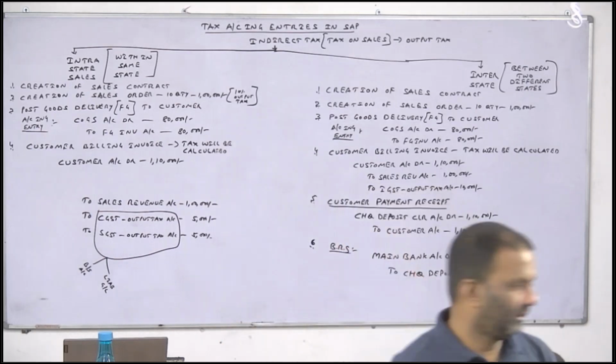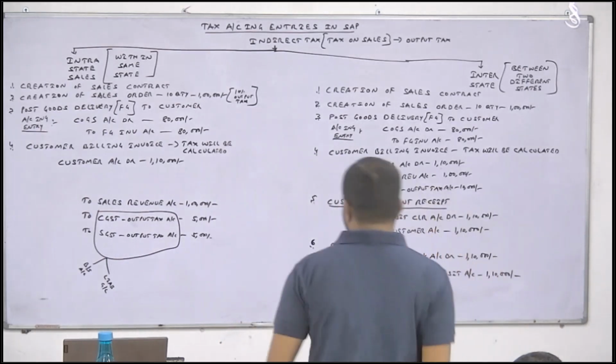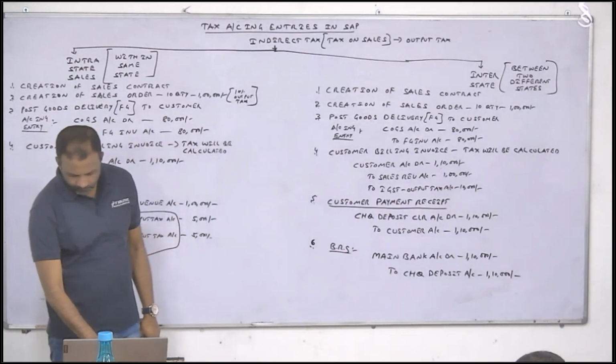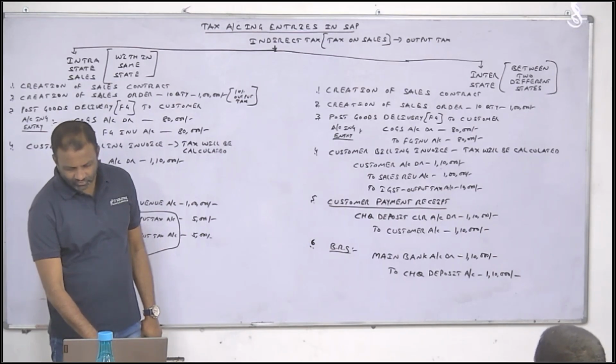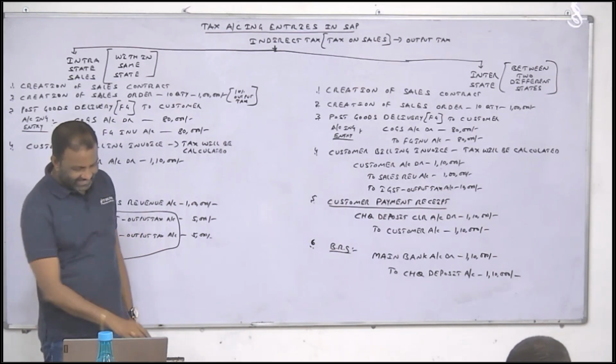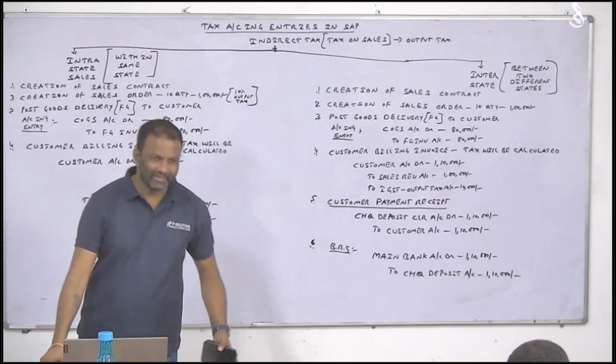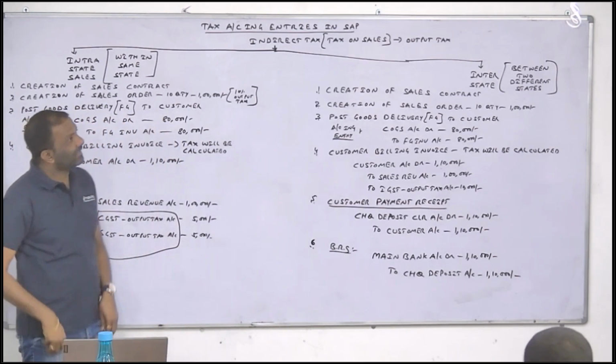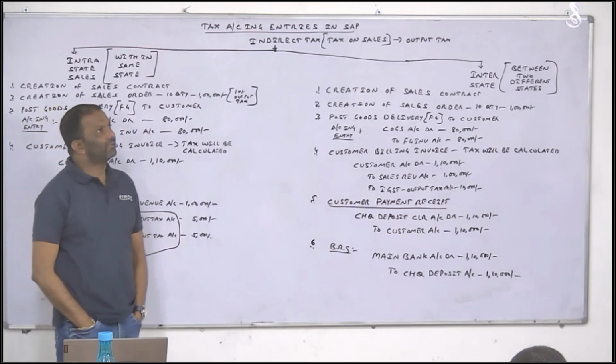Excuse me, sir, I have a general question. All these taxes are applicable only in India, right? So how do we handle other countries? In other countries we have VAT, right?